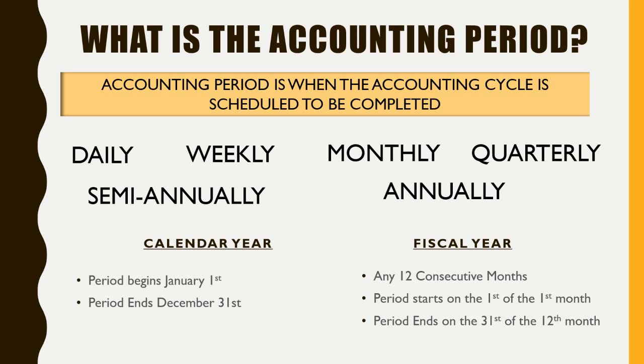So their fiscal year could be from July 1st all the way to June 30th because they're not busy during the summer. They can work together and compile their information a lot easier on that type of schedule. Okay, because they're not busy during the summer, they're busier during the winter.